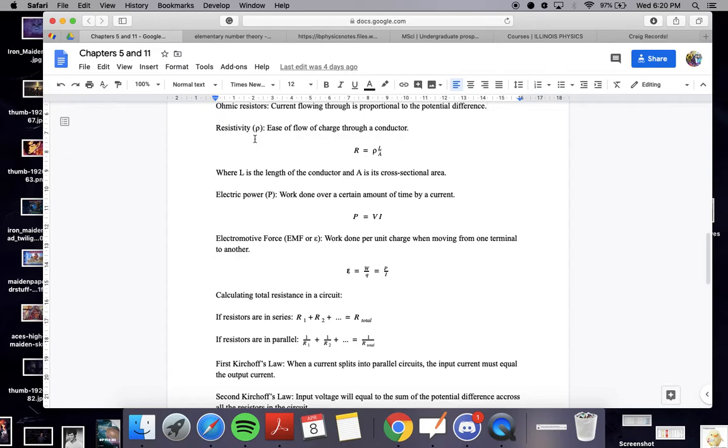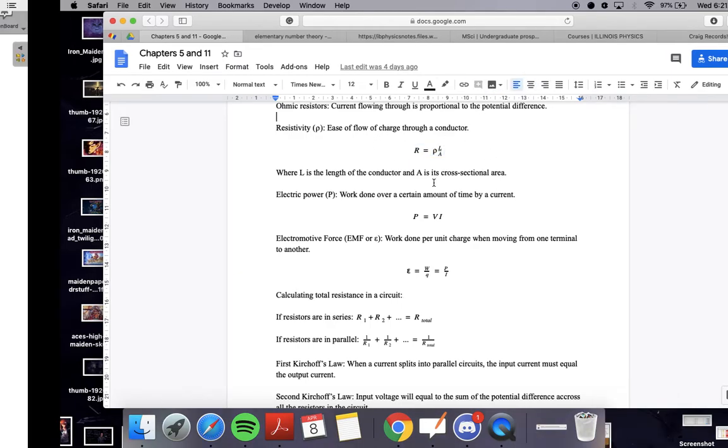Now resistivity. Resistivity is a constant used for a certain material to show how easy it is for charge to flow through that conductor. You can use resistivity to help you calculate the resistance of a material.